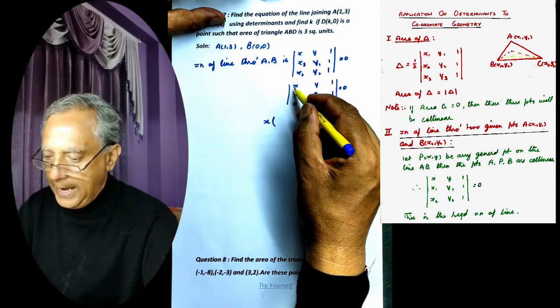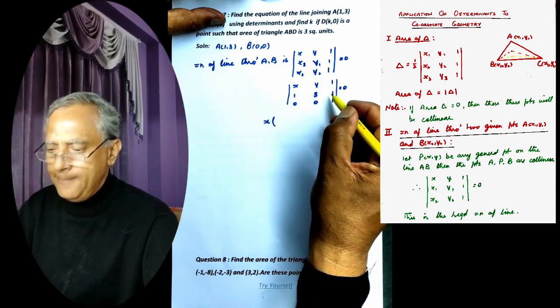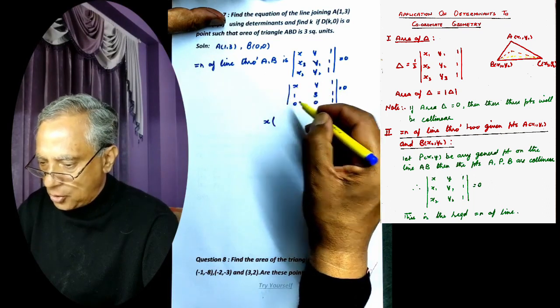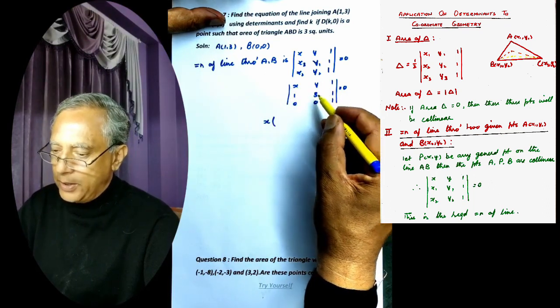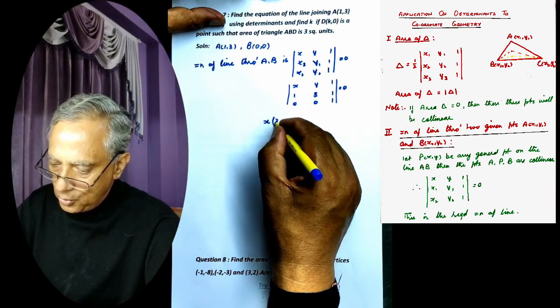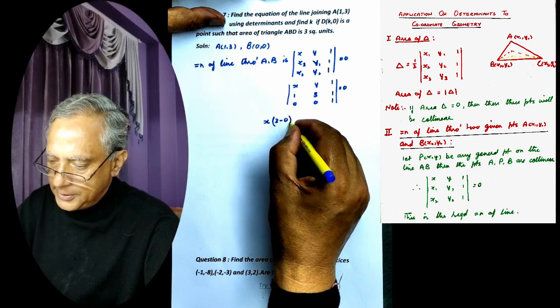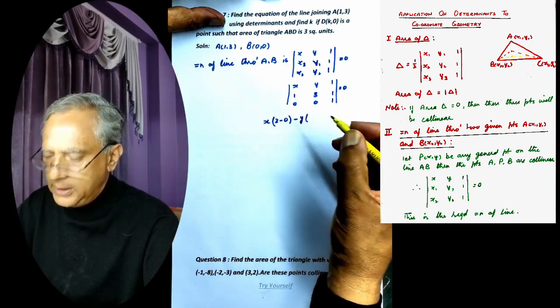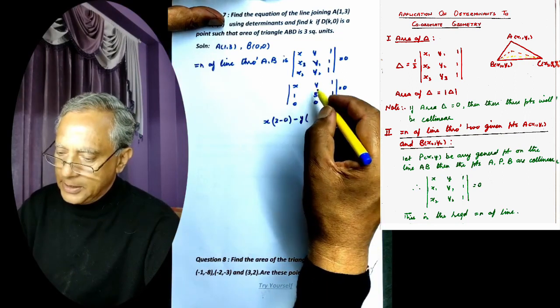So we get x into its cofactor. We delete this row and this column and we get 3, 1, 0, 1. On expansion, this is 3 minus 0. I am directly expanding the determinant as we have now got a lot of practice.